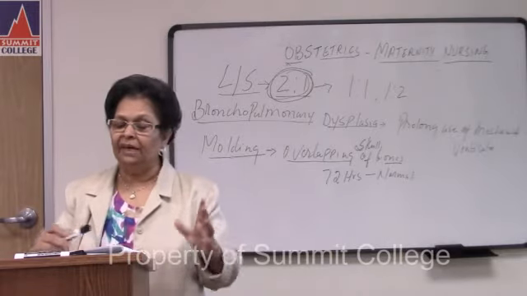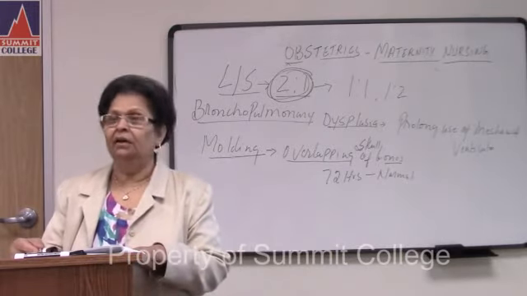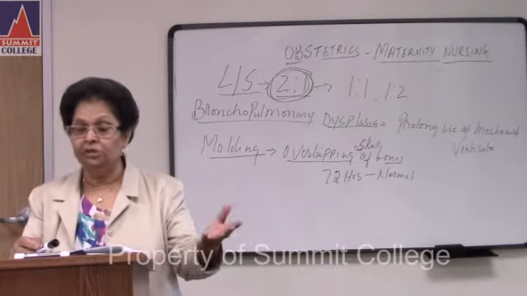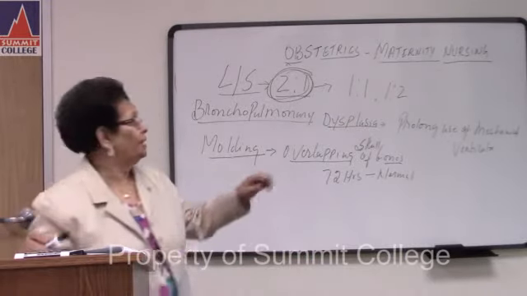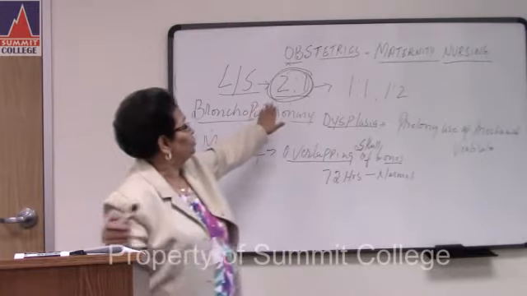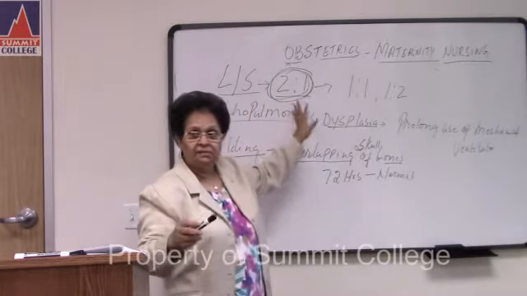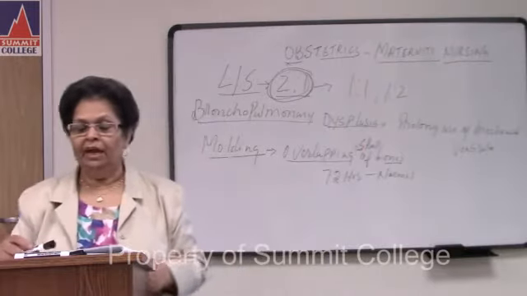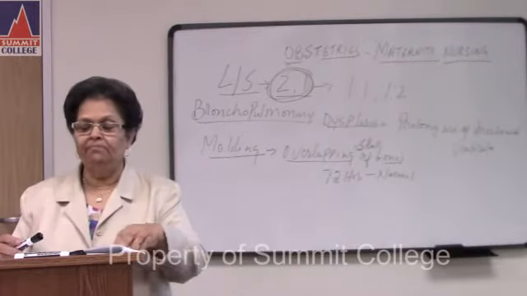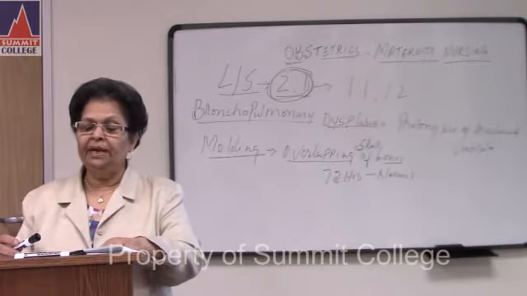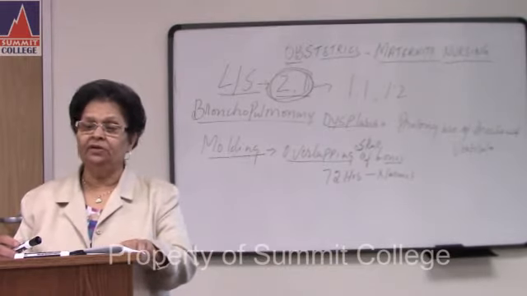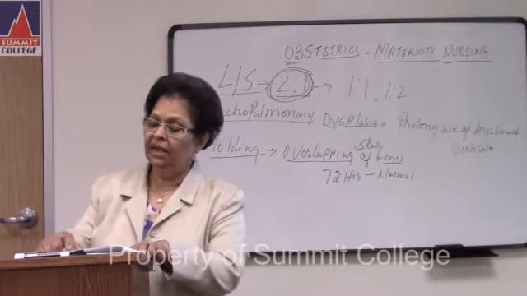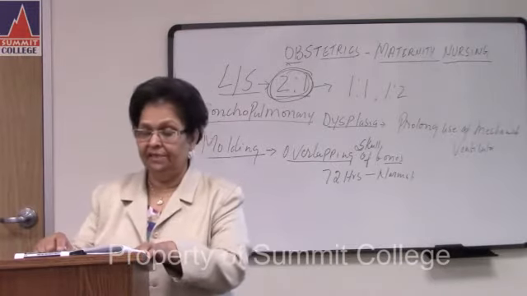Why do you give betamethasone? Underline the words: to increase surfactant for the lung maturity. And I want you to write down LS ratio. This is normal. Less than this, baby's lungs are not mature. And what do you give them? Betamethasone. For a preterm baby, mother is 28 to 32 weeks, and it is given at this time of gestation.